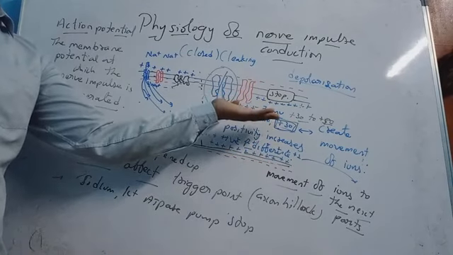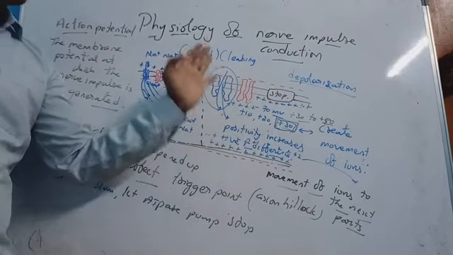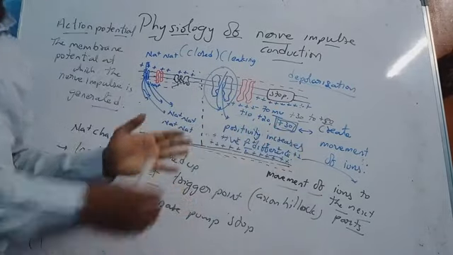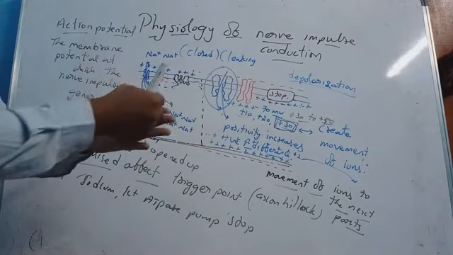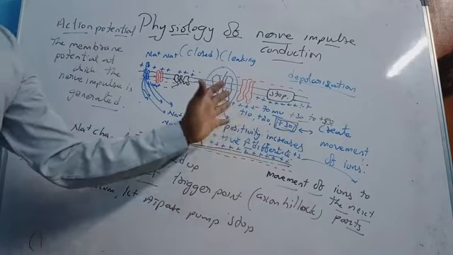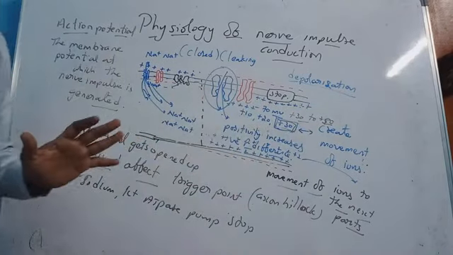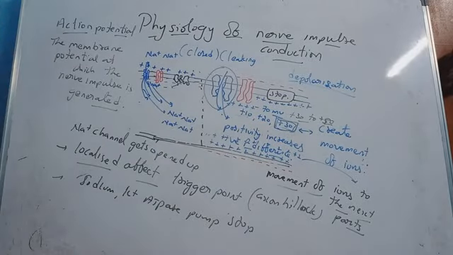Up to what level does it have to increase? Up to a level that it can pass to the next spot, because the ions will repel each other. The repelling capacity should be such that it goes to the next level to create a nerve impulse. Nerve impulse is nothing but a movement of ions to the next level. So that potential difference is called as action potential.